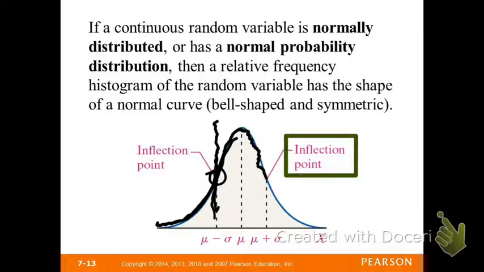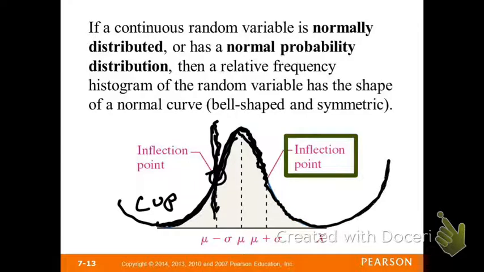So an inflection point of a graph is where it changes from concave down, like this is concave down, to concave up. The shape of the graph there is concave up. All right, cup, concave up. If it'll hold water, it's concave up. Of course, it won't actually hold water, but the shape would be part of something that holds water.